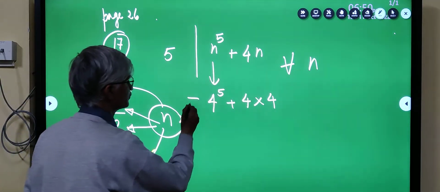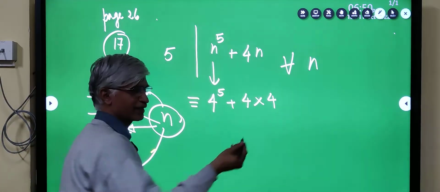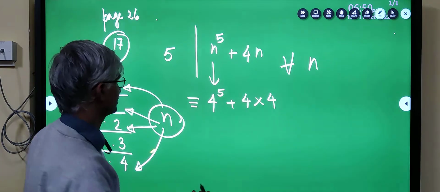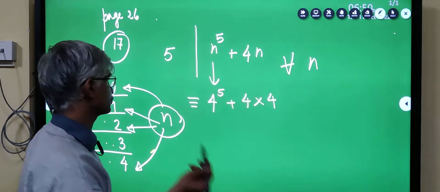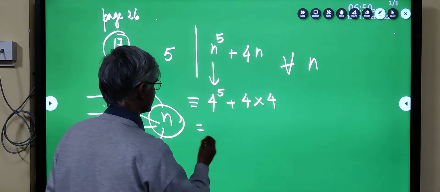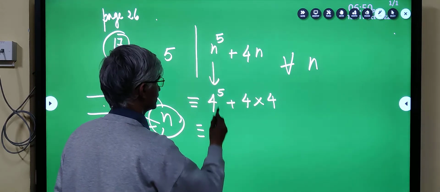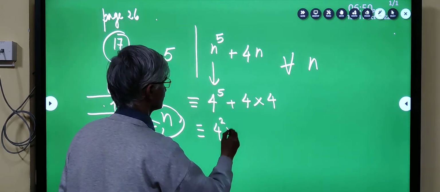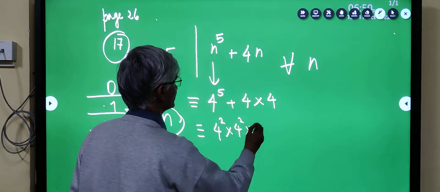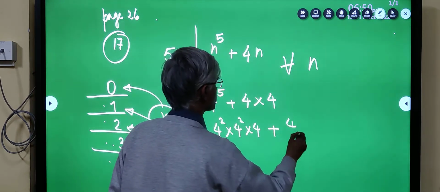So let's see how to simplify this. This should be easy. Let me do it by the bad way and also the good way. The bad way is, let's just split this up into 4 square into 4 square into 4 plus 4 square.